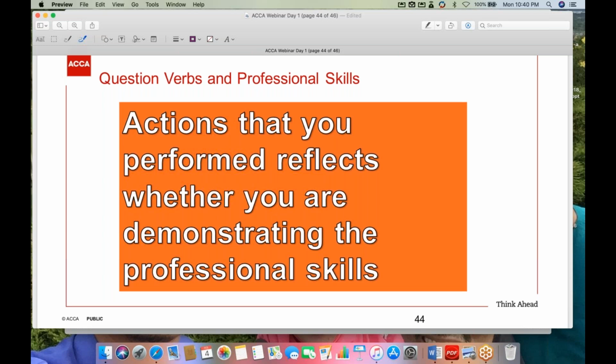So question verbs and professional skills have to be together, because the actions that you perform reflect whether you are demonstrating these professional skills. That's the reason why I'm really emphasizing question verbs and professional skills tonight, as compared to other things.